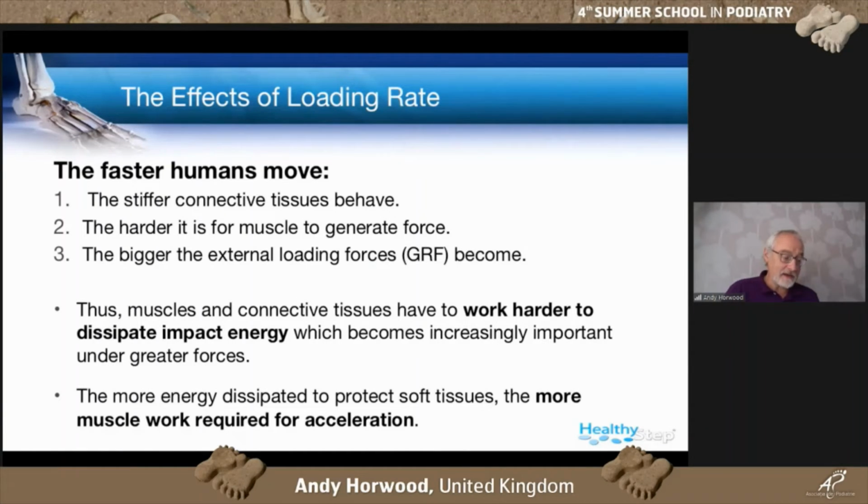However, on the other hand, connective tissues behave more stiffly the faster they load through their viscoelastic time-dependent properties. Thus, the connective tissues are able to store more energy for release for acceleration to assist muscles at faster gait speeds.